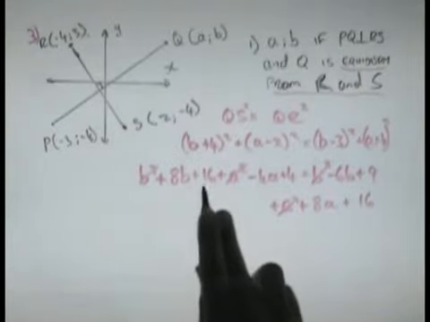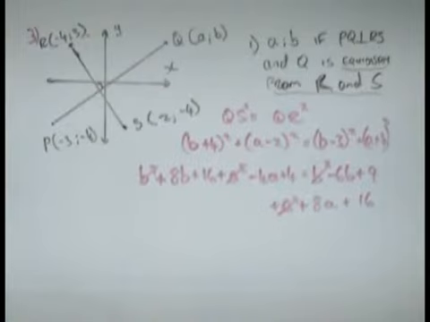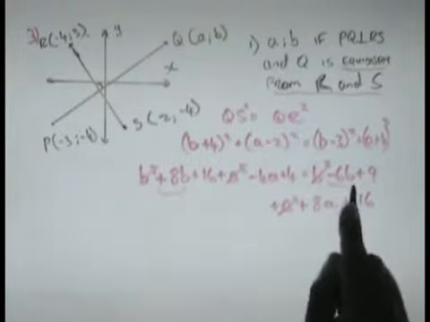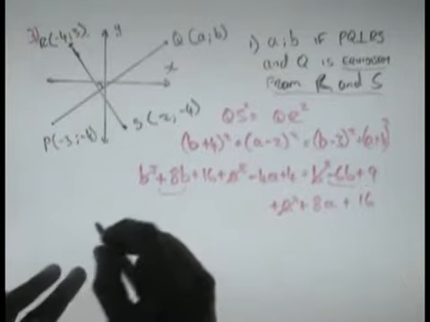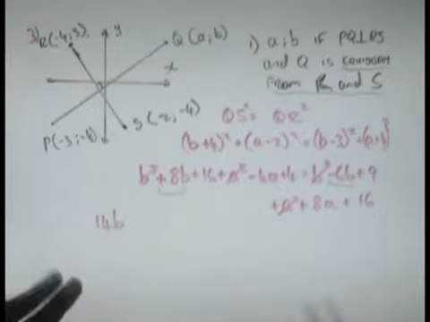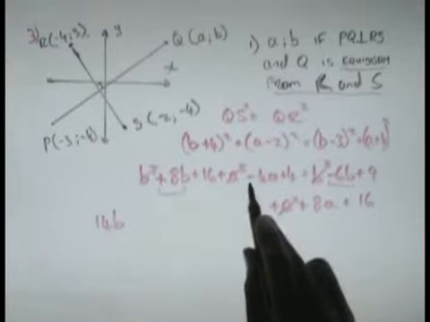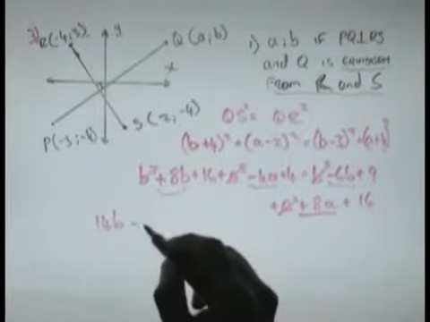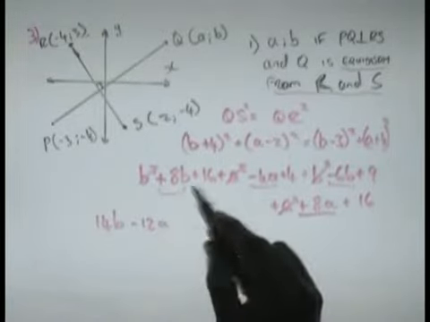I've then got 8b plus 16. Take all the b's and a's to one side. So 8b minus 6b taken across becomes plus 6b. 8b plus 6b is equal to 14b, minus 4a minus 8a, when I take it across, will be minus 12a.